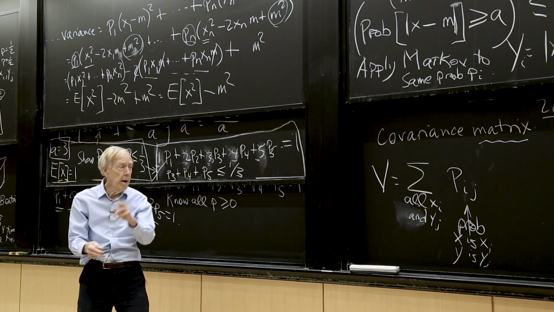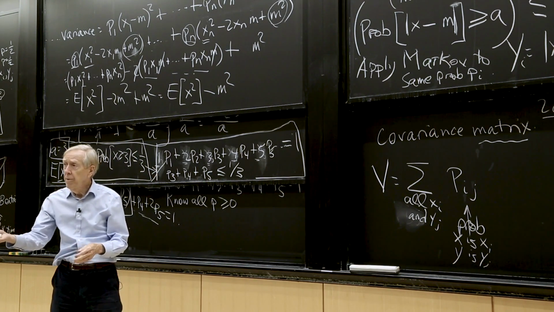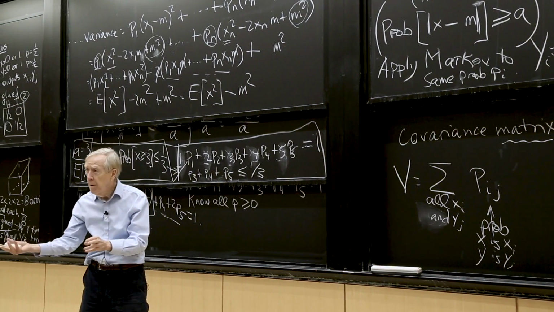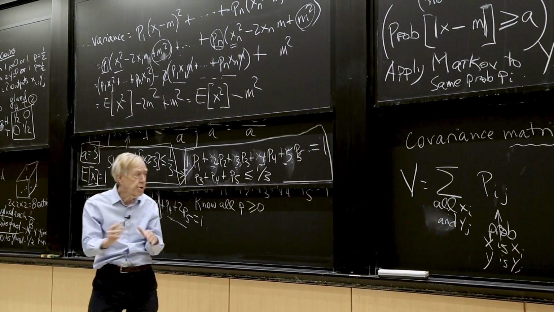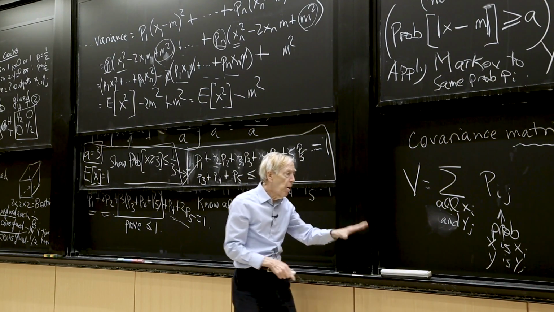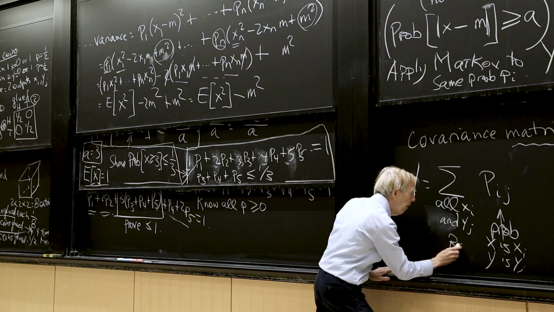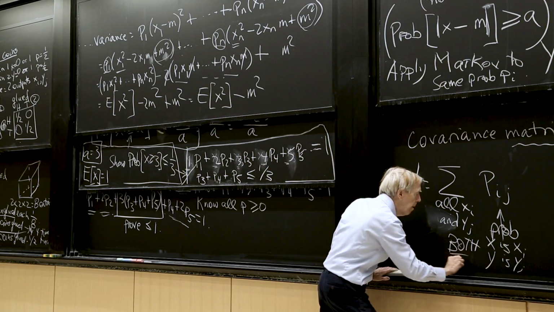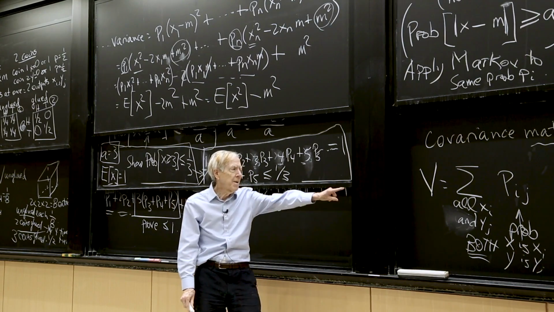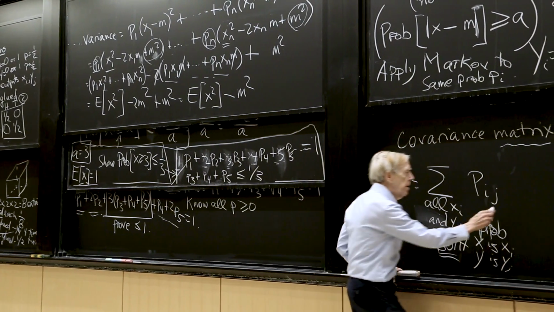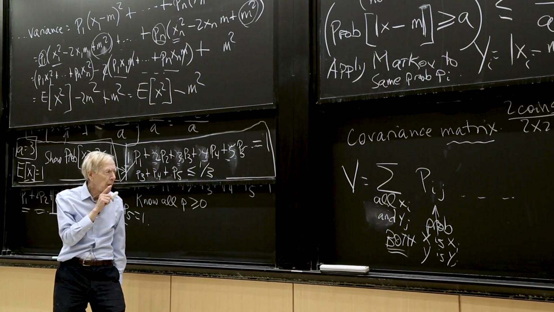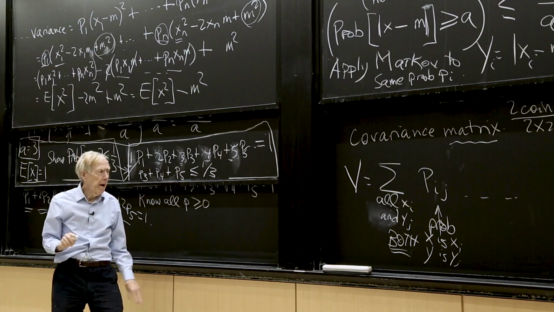Age 11, height 4 feet. Age 12, height 5 feet. Age 11, height 5 feet. Each combination. So Pij is the probability that both will happen. I'm going to add more to it here, but that joint probability is really important. So I'm going to ask you more about that.